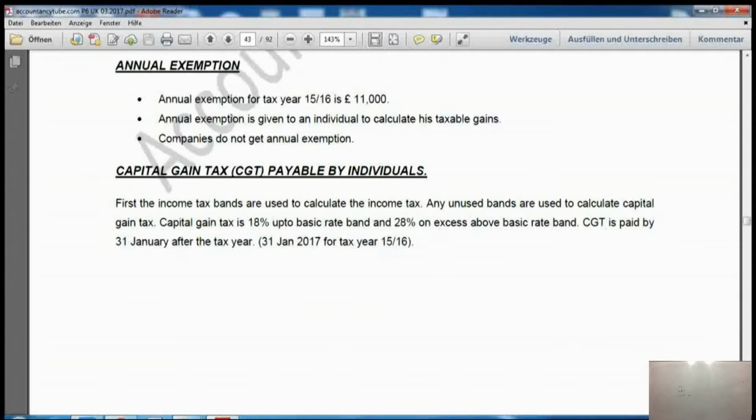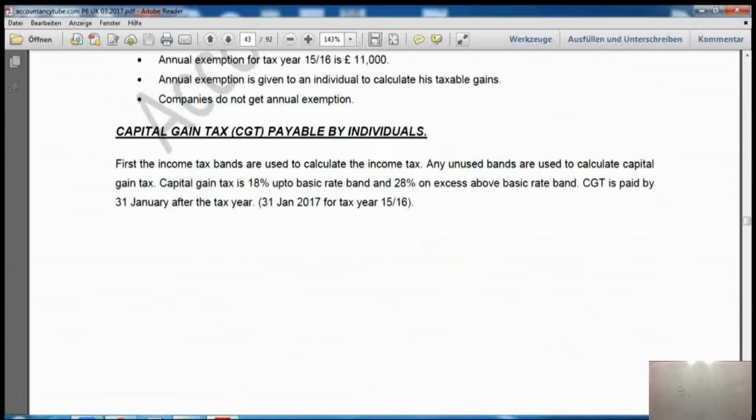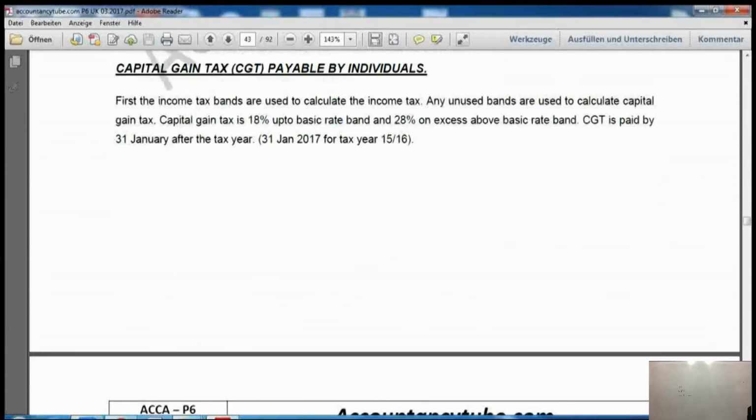Right? Now it says capital gains tax payable by individuals. How would they pay? I already explained to you that first they will have to consider the banding. The banding is exactly the same which you saw in income tax. So it says first the income tax bands are used to calculate income tax. Any unused bands are used to calculate capital gains tax. Capital gains tax is 18% up to the basic rate band and 28% above the basic rate band.